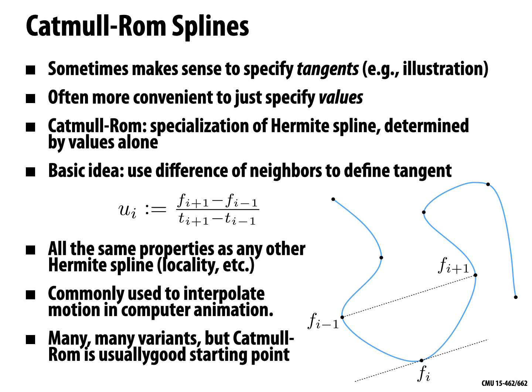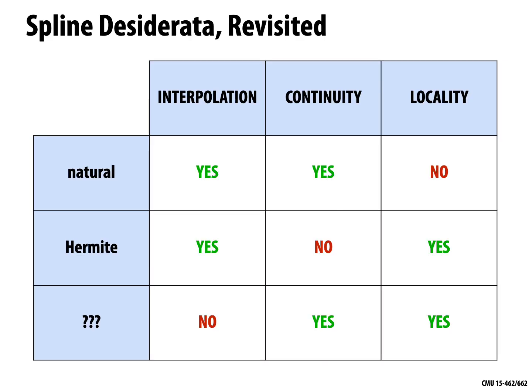Okay, so let's take a systematic look at what kind of splines we have so far, and whether they have the properties that we want. We said there are three things that we care about: the interpolation property, we want C2 continuity, and we might want locality. The natural spline satisfied two of these, interpolation and continuity, but it wasn't local because we had to solve this big linear system.